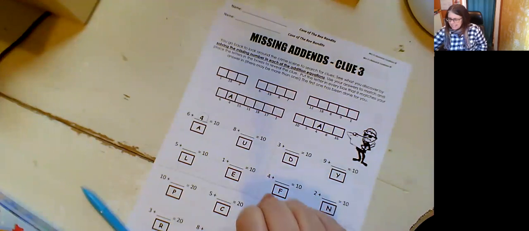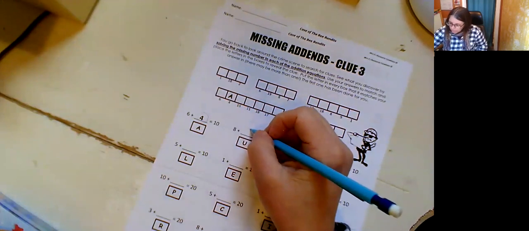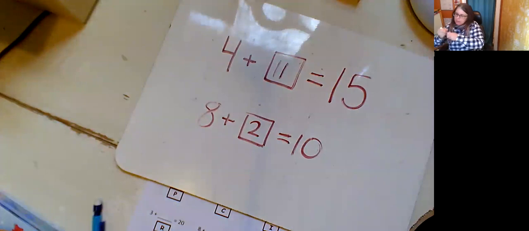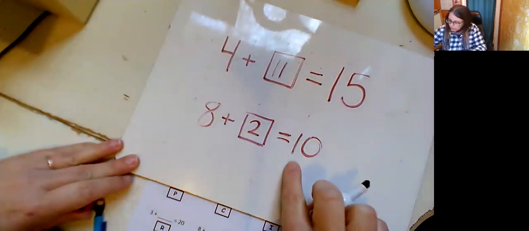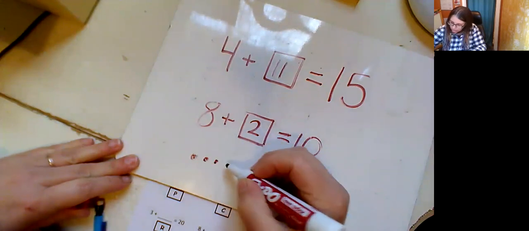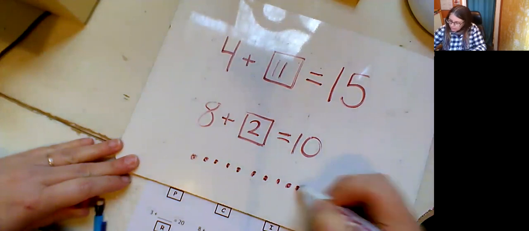All right, let's look at this one. 8 plus, so I'm going to put 8 in my head, 8, 9, 10. So that's 2. 8 plus 2 equals 10. And if you're most comfortable doing the picture, you can do a picture, right? So we know there's 10 altogether, so you're going to make that many. 1, 2, 3, 4, 5, 6, 7, 8, 9, 10.